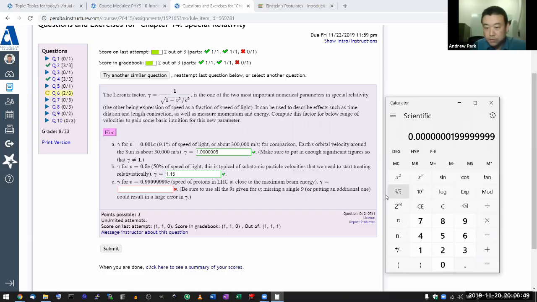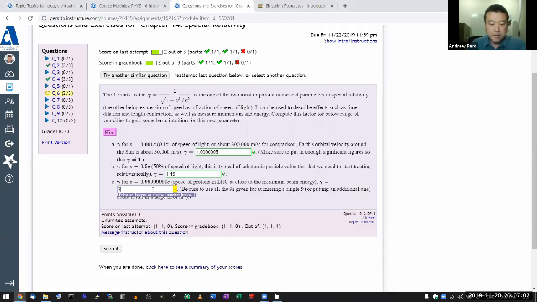Take the square root. Put that into memory. 1 divided by the number in the memory. That's the gamma factor. 7071. So it's a very large number. 7071. Okay. All right. So that's one calculation example.